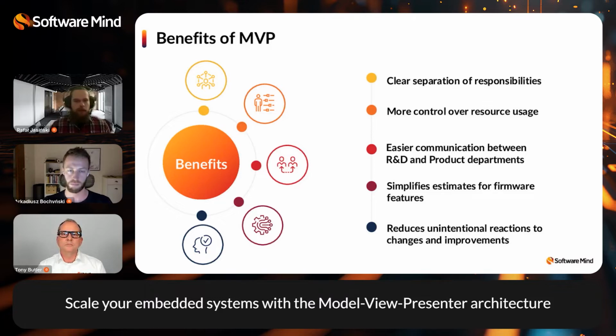Another benefit that MVP comes with is that with a modular approach, we can have finer control over the resources of these components. So we can have the benefit of optimization as well.